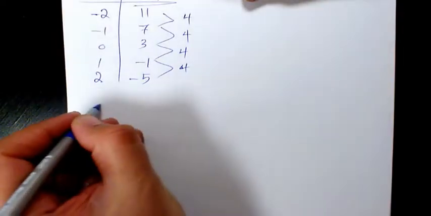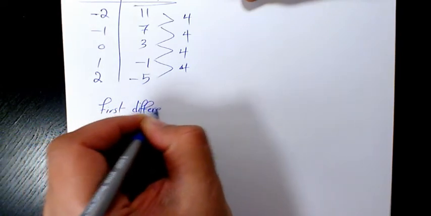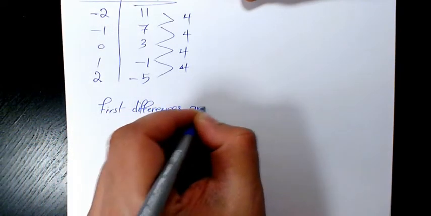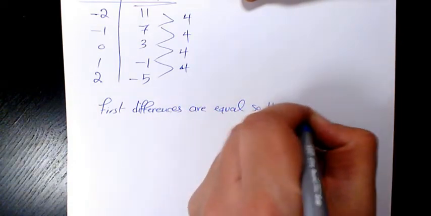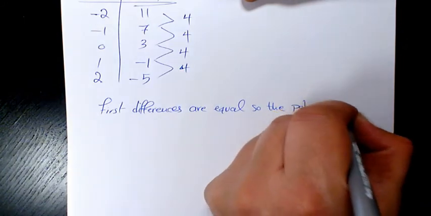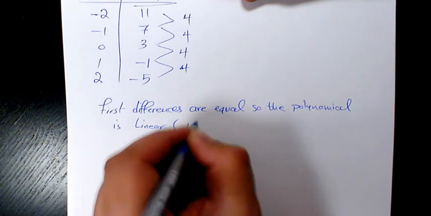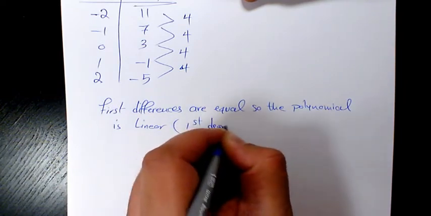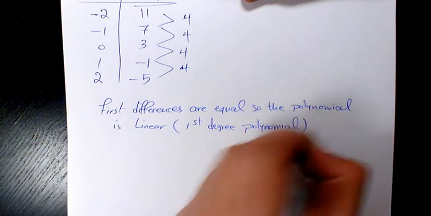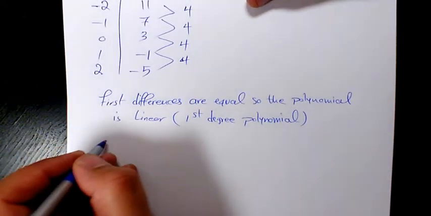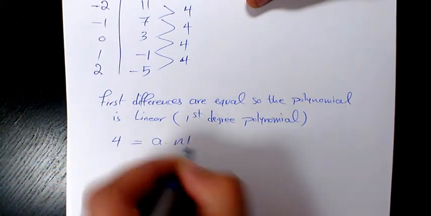So since first differences are equal, the polynomial is linear, a first degree polynomial. 4 will be equal to a times n factorial.